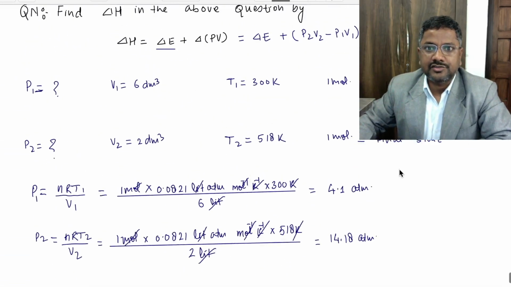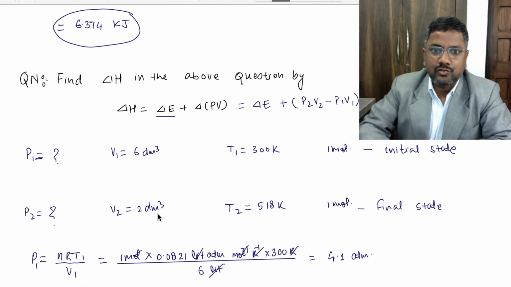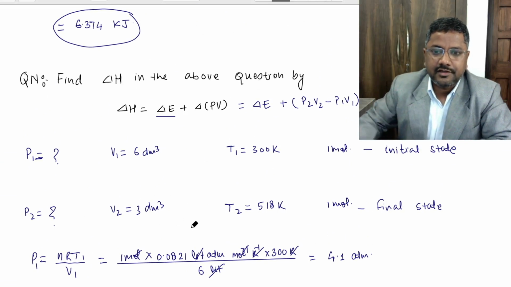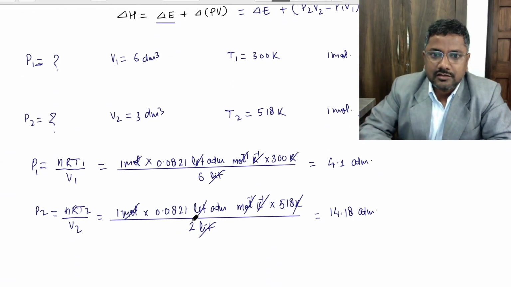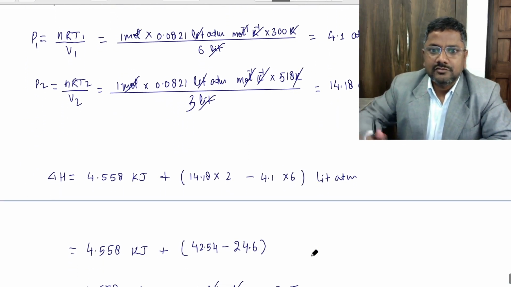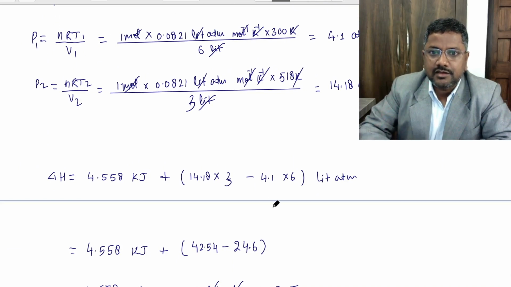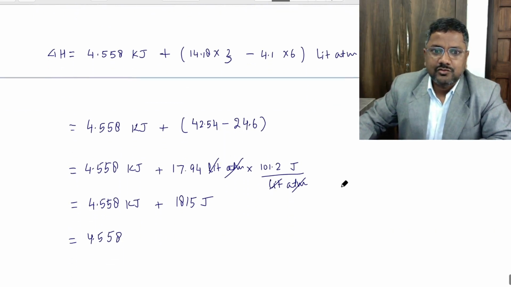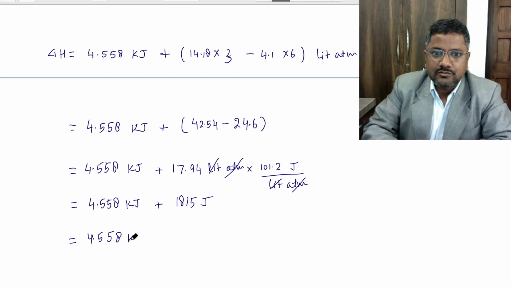There is a mistake. Actually, I have taken here 2 dm cube, but this is not 2 dm cube. This is 3 dm cube. So here also this is 3 liters, right? So here this is 3. Now I have made this correction here. So this is 4.558 kilojoule plus 1.815 kilojoule.